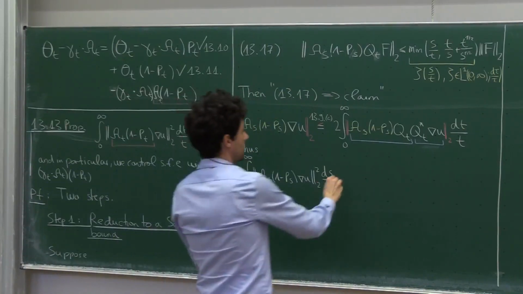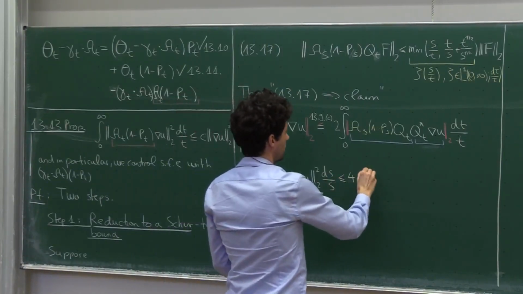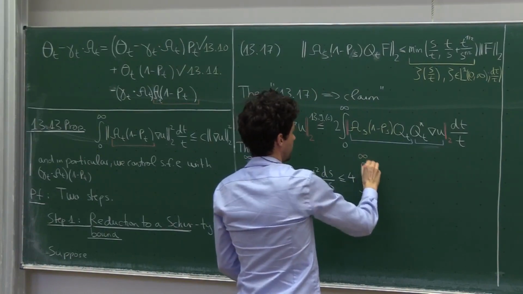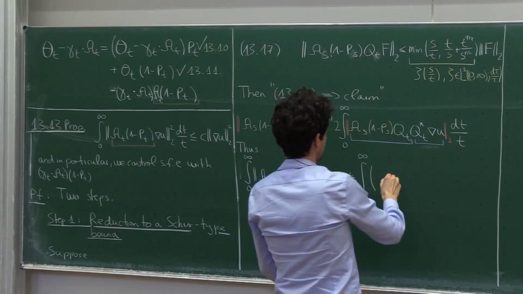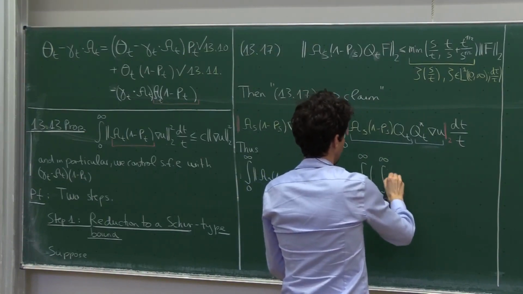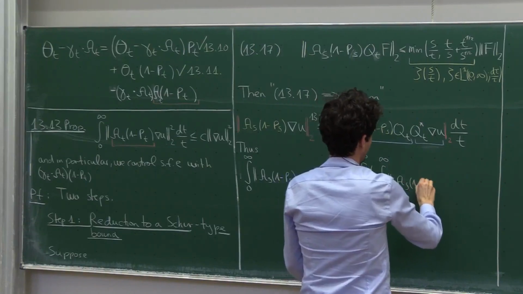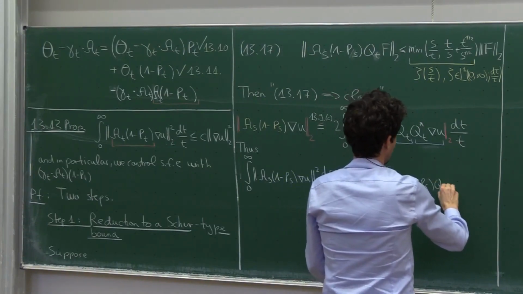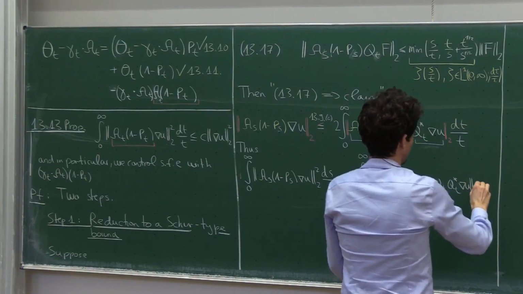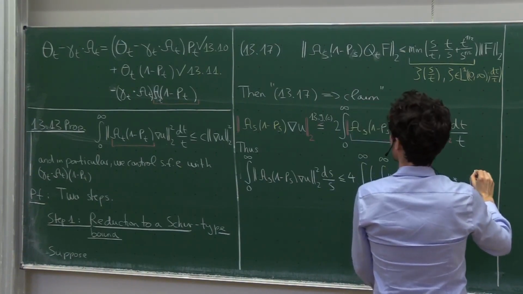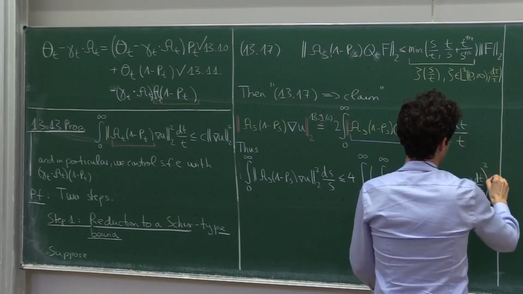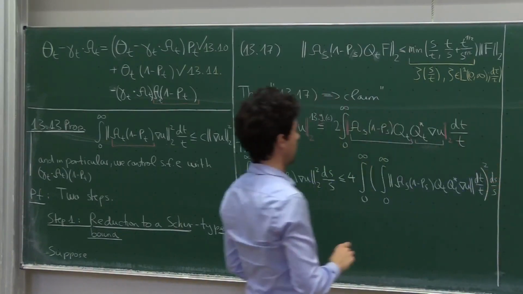I can bound this as less or equal to 4 times the integral from 0 to infinity, and then it's the integral from 0 to infinity again. It's going to be 1 minus P_s Q_t star grad of u, ds dt over t, squared on the outside, ds over s.